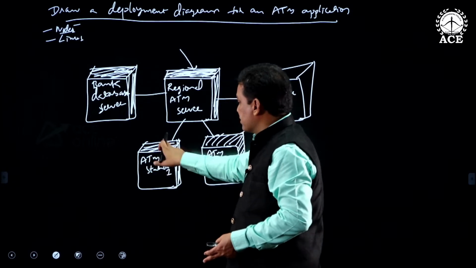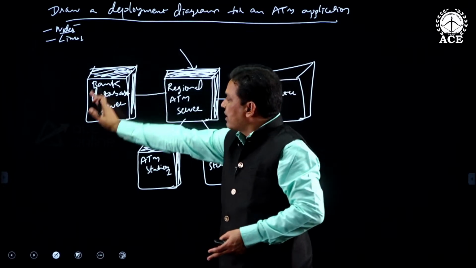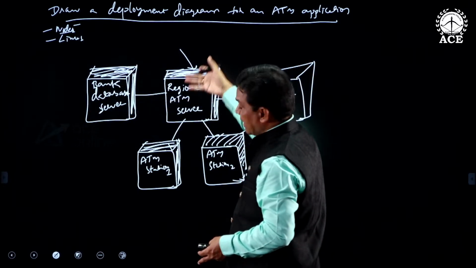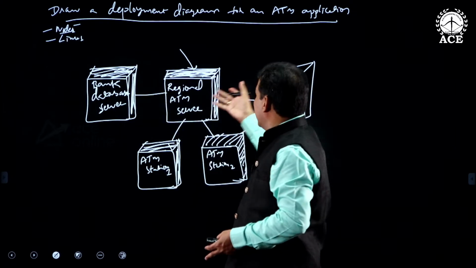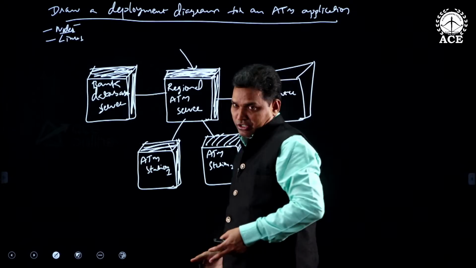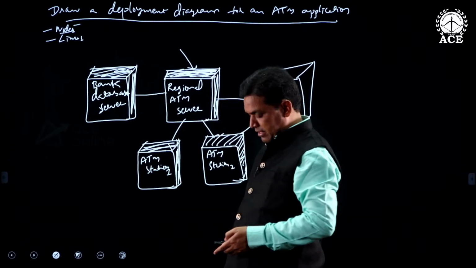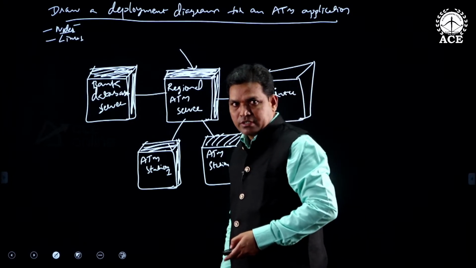This ATM machine connects with the ATM regional server, and the regional server connects with the database. If the manager wants to know at the end of the day what transactions were performed, with the help of the printer the transaction details can be taken in printed form by the bank manager. That is the importance of deployment diagram for an ATM application, right.